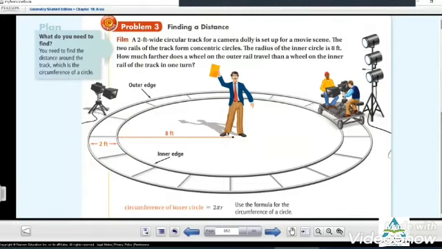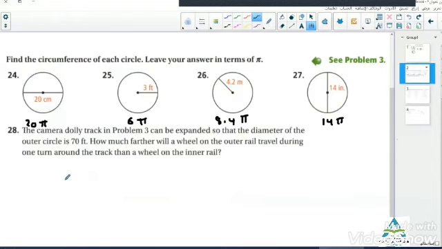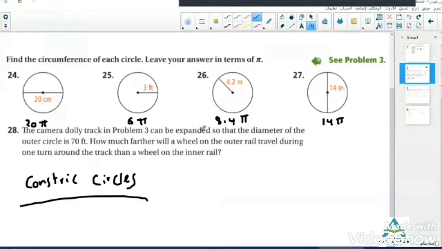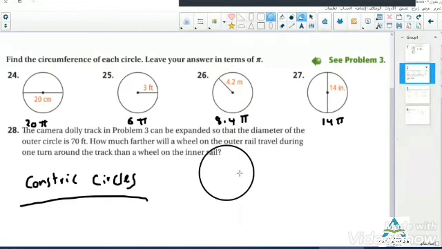If you have two circles that have the same center, they're called concentric circles. Concentric circles are two circles that have the same center. Exactly like this shape.